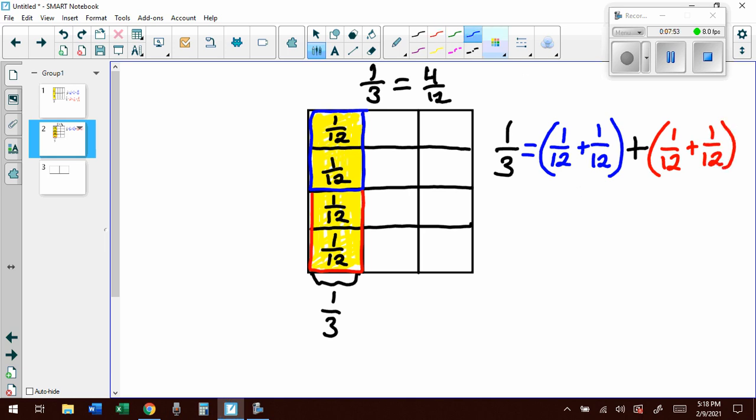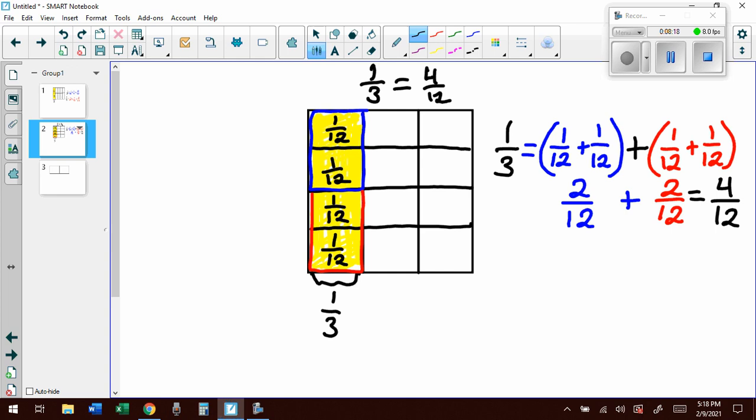What that'll give us is 1/12 plus 1/12 equals 2/12, plus 1/12 plus 1/12 equals 2/12. And 2/12 plus 2/12 equals 4/12.